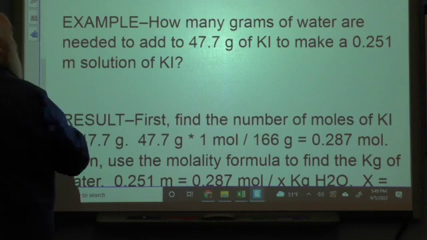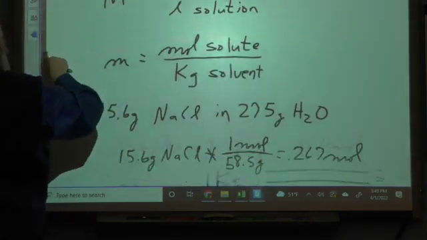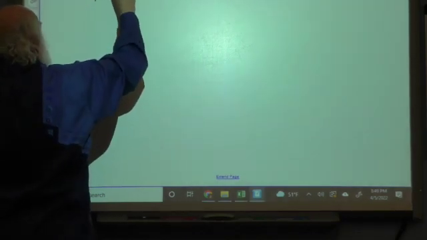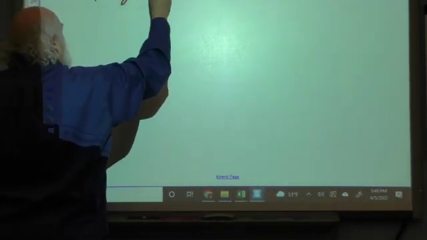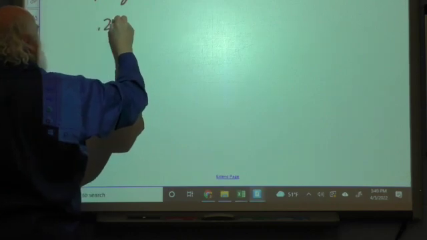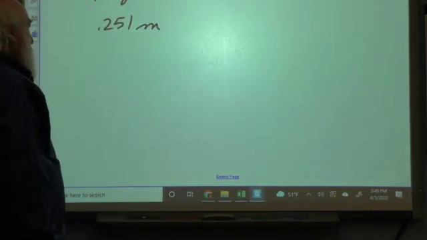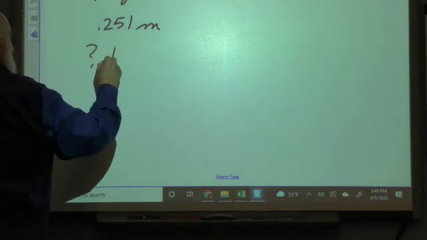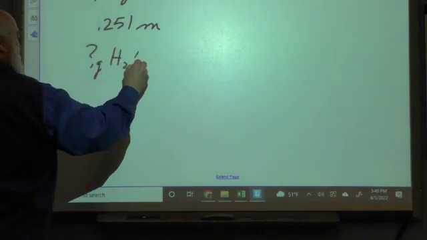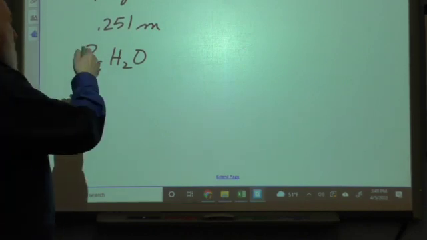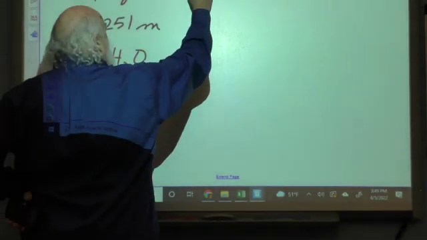So 47.7 grams of KI to make a 0.251 mole per kilogram solution. And we want to know how many grams of water it is going to take to do this. Okay? So, again, this is the solute.